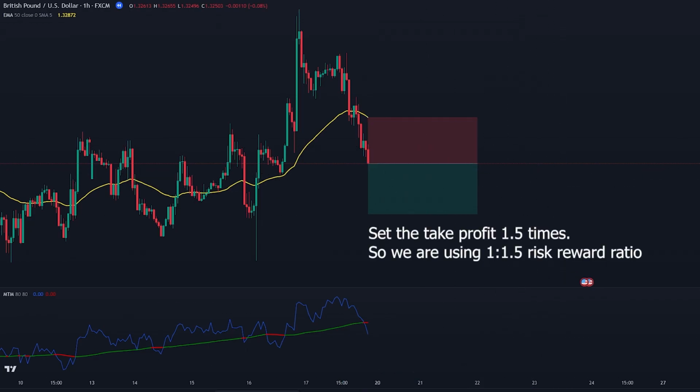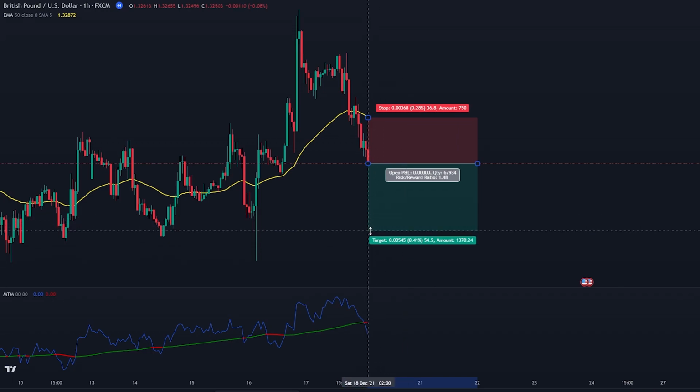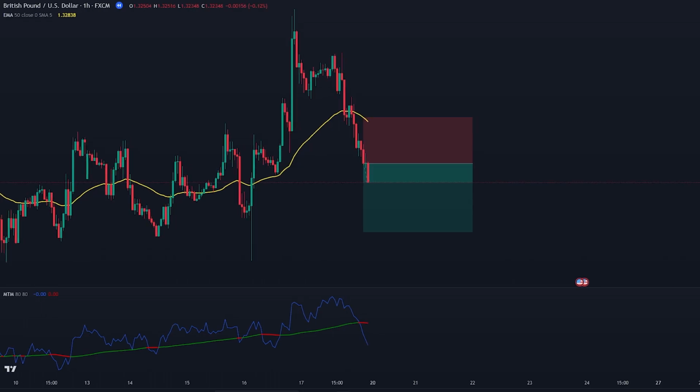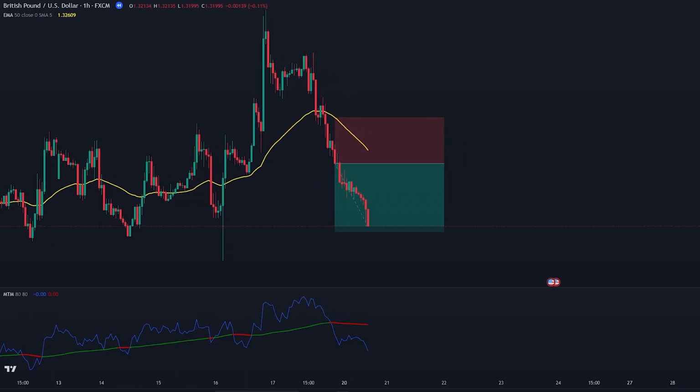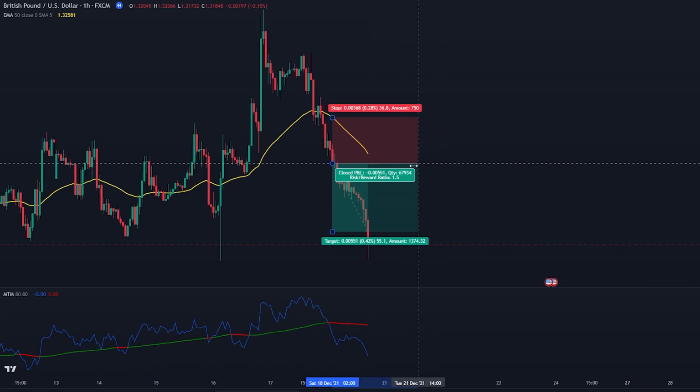Set the take profit at 1.5 times, so we are using a 1 to 1.5 risk reward ratio. Will our trading position hit take profit? After waiting, our trading position hit take profit.